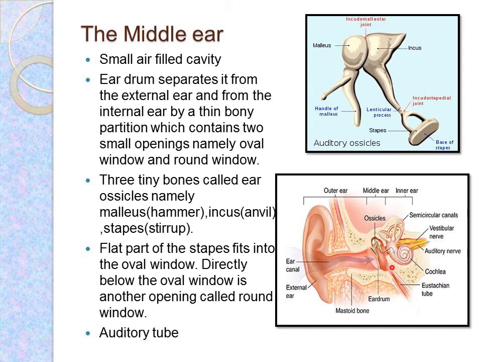Now it leads actually to the auditory tube. It is also called the eustachian tube, and this tube connects to the throat. And actually the eustachian tube helps in equalizing the air pressure on both sides of the eardrum. So this is all about the middle ear.